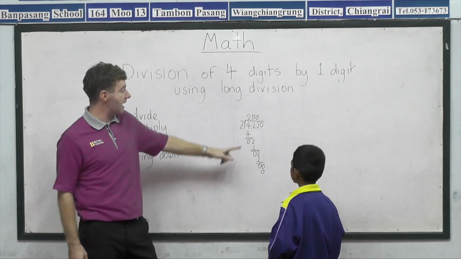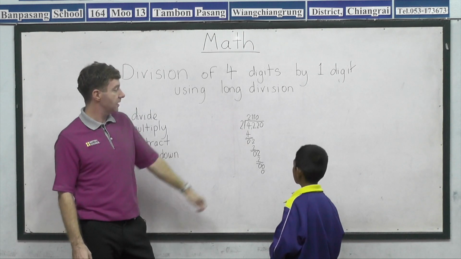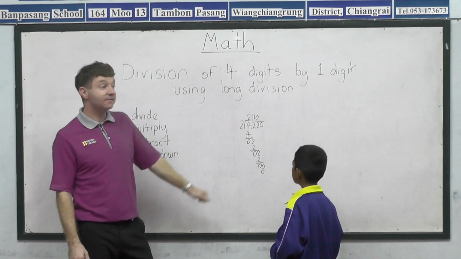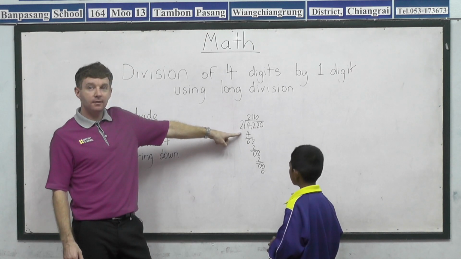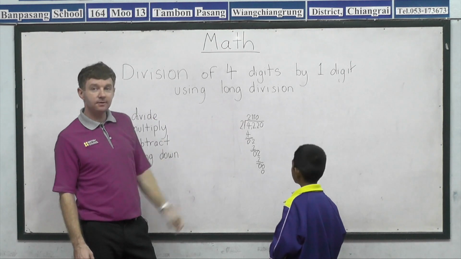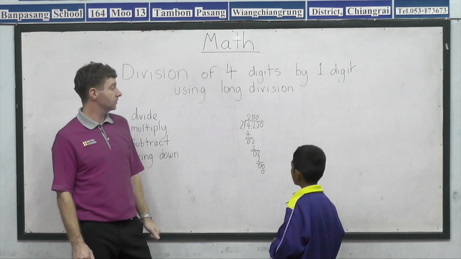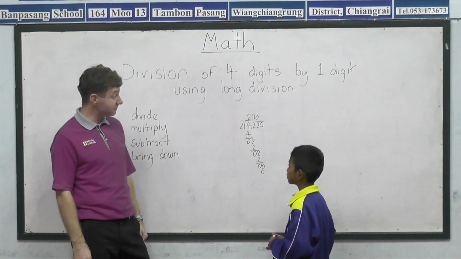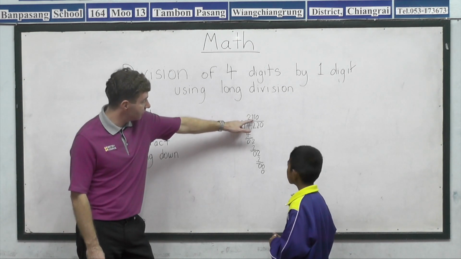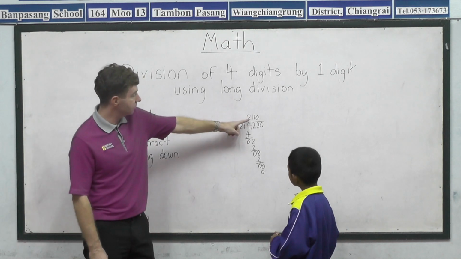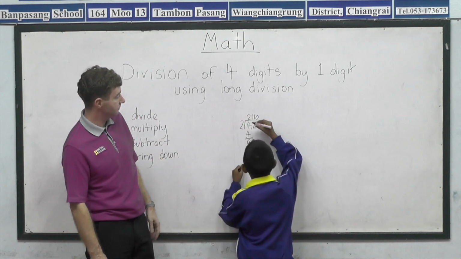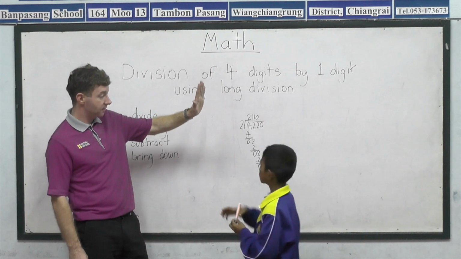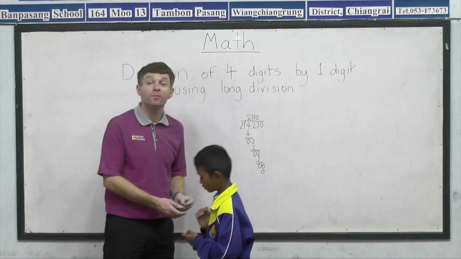So altogether, guys, 4,220 divided by 2 equals 2,110. Pat, that was excellent. And can we just finish with a little comma in between the thousands and the hundreds? Excellent. High five. And a big round of applause for Pat.